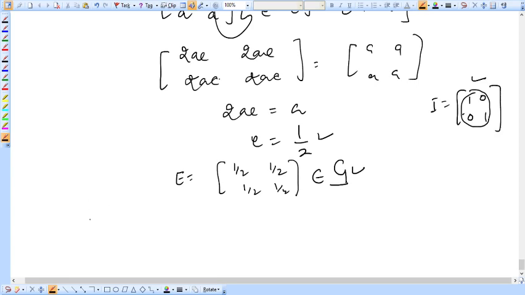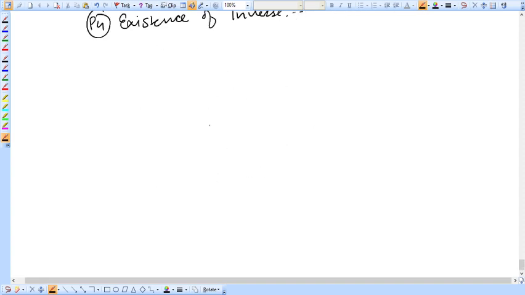Now the fourth property, existence of inverse. अगर A का इनवर्स निकालना हो तो there must exist B such that A times B is equal to E. So we need to find out this element.